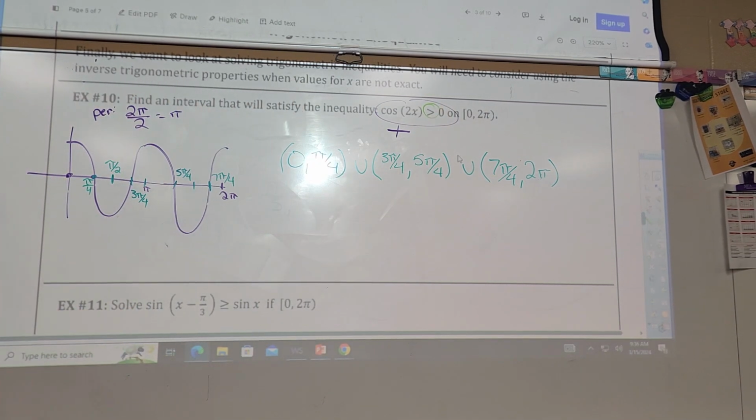You match the symbol because it's greater than, not "or equal to." If it's "or equal to," they'd all be brackets.